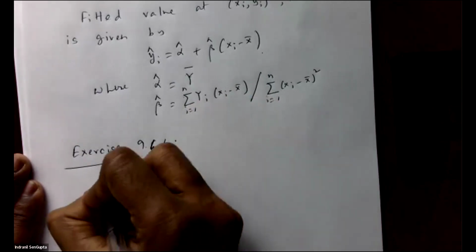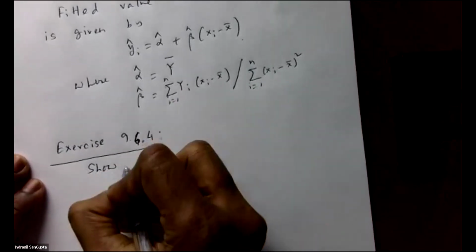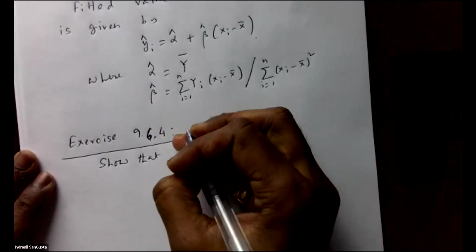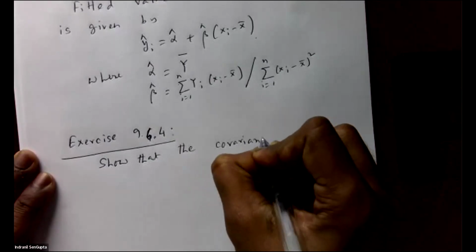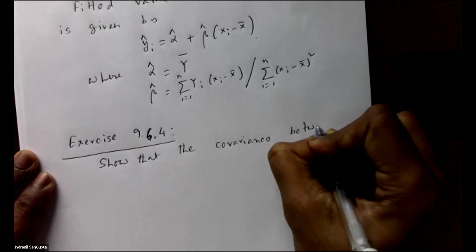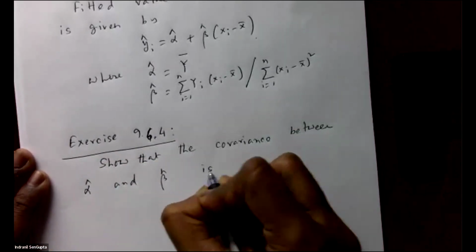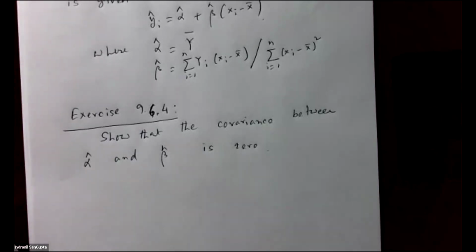It says that show that the covariance between alpha hat and beta hat is 0. Okay. So let's get started with this one. So we are going to show that the covariance between alpha hat and beta hat is 0.